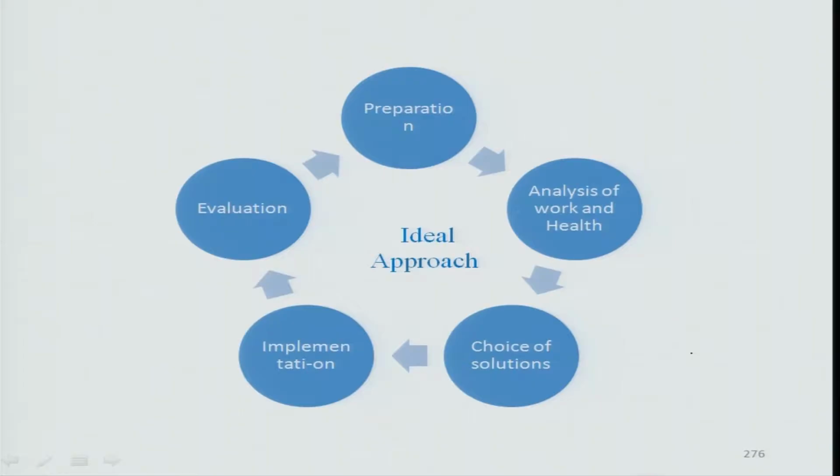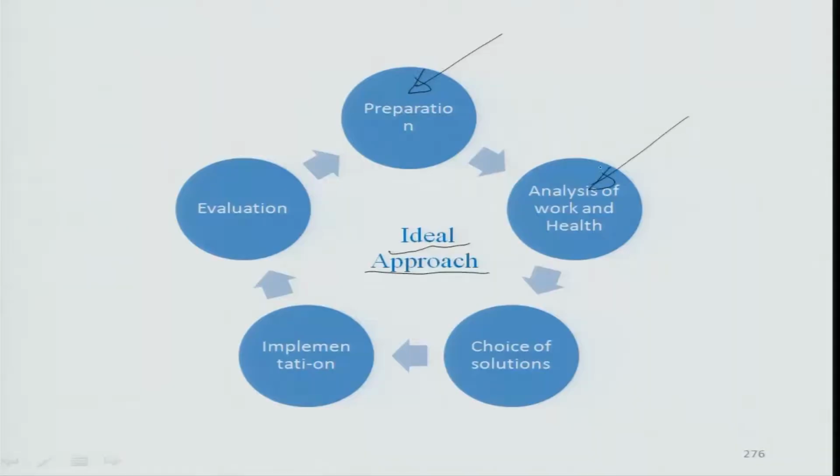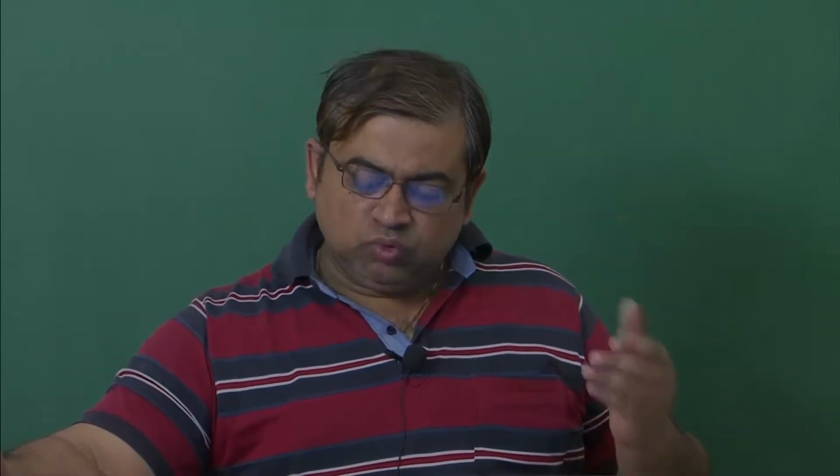So typically the approach being used in this kind of problem is a preparatory step, which talks about finding out the most important needs associated with comfortable work related to a human factor, and then the analysis of whether the work is done in a proper manner or not, can it be changed, is there a health impact of that work because of the posture or the associated elements or tasks of that work, and then can we do something so that they can improve the work in a substantial manner so that there are no potential health risks.